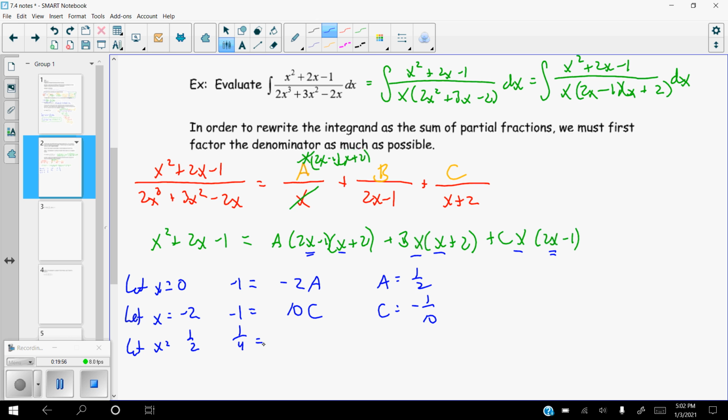So that's going to be a half times 2.5. 2.5 is 5 halves times another half is going to be 5/4. So we get 5/4 of b. Multiplying both sides by the reciprocal of 5/4, which is 4/5, is going to end up giving us 1/5. So b is 1/5.